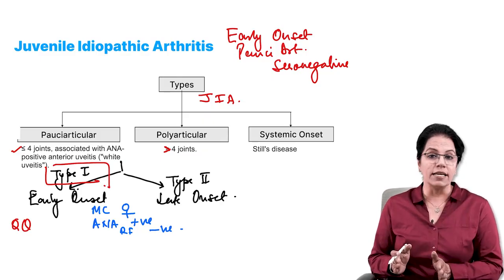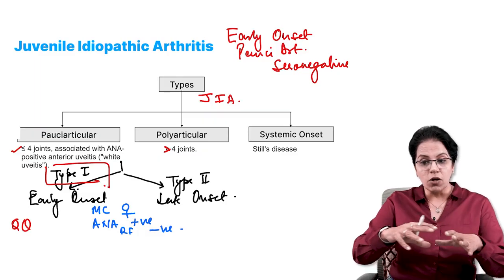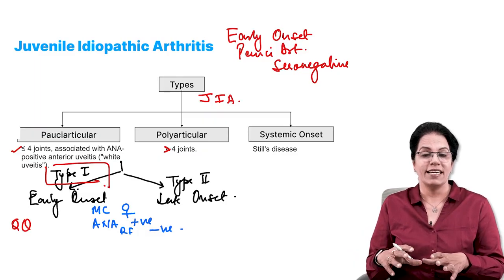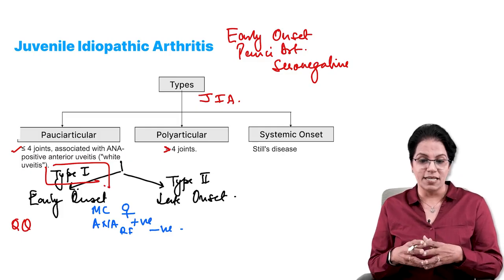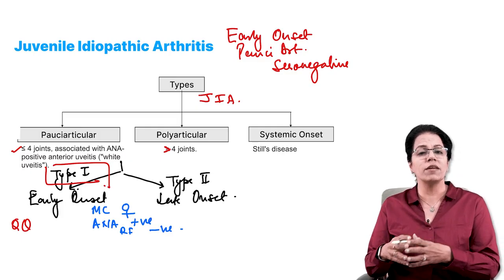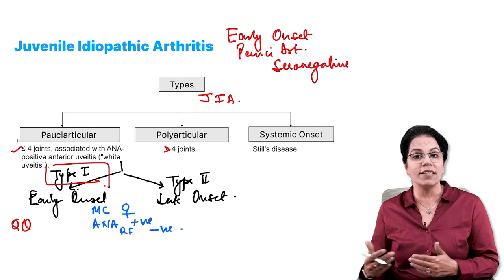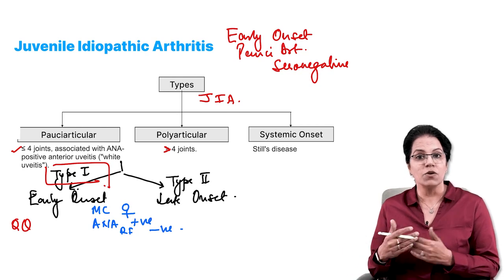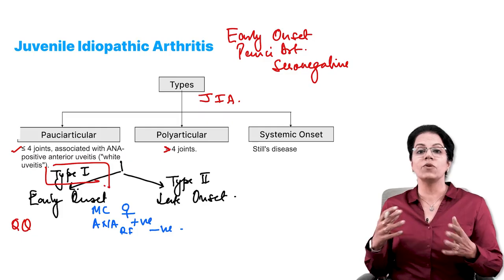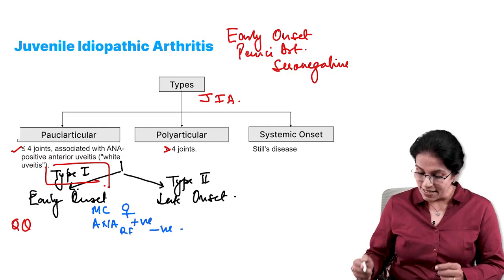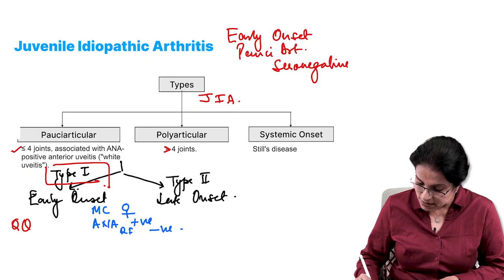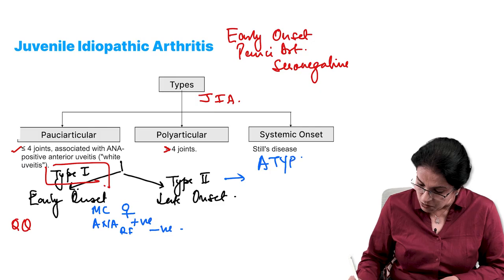But in JRA, we see that typically all these are not there. Why are they not present? Because it's a slow smoldering inflammation. It's not that acute presentation; it's a chronic uveitis. Got it? So, no pain, no redness. When there is no redness, the eye is white. This is the reason we call the uveitis of JRA atypical anterior uveitis.